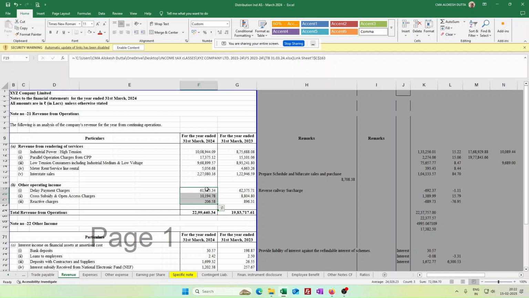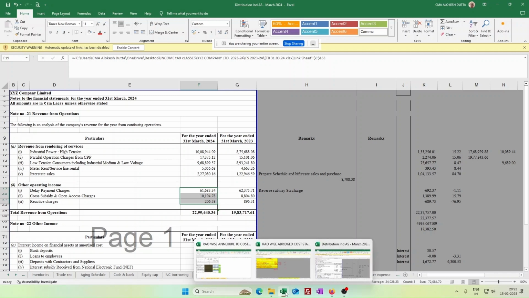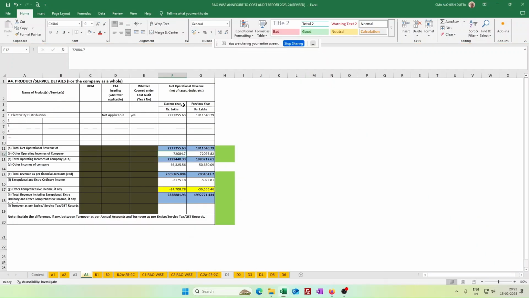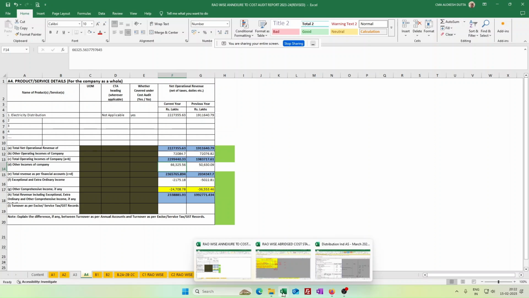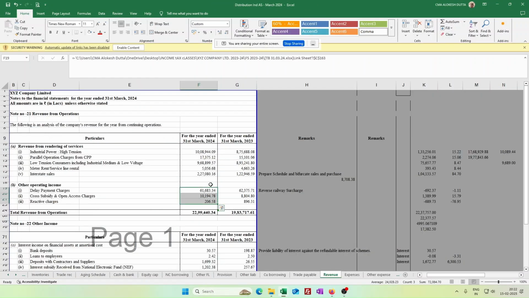Other operating income is here, 22,99,440.34. So we have segregated this one and it is matching with the total operating income. This is other income from the company.